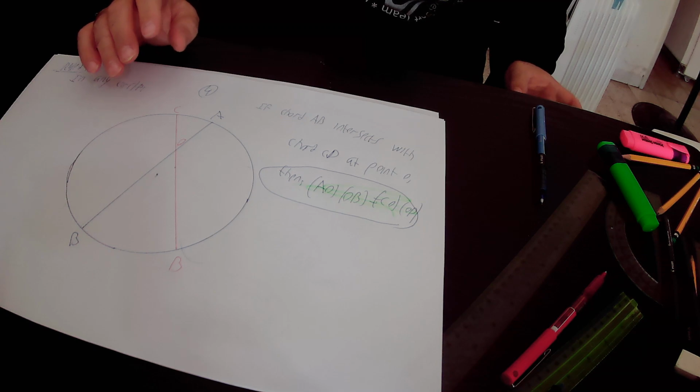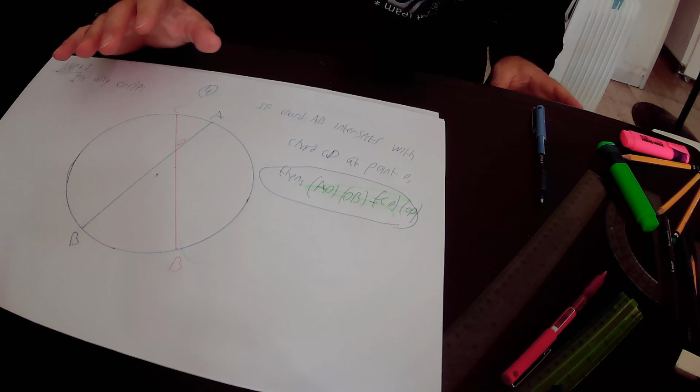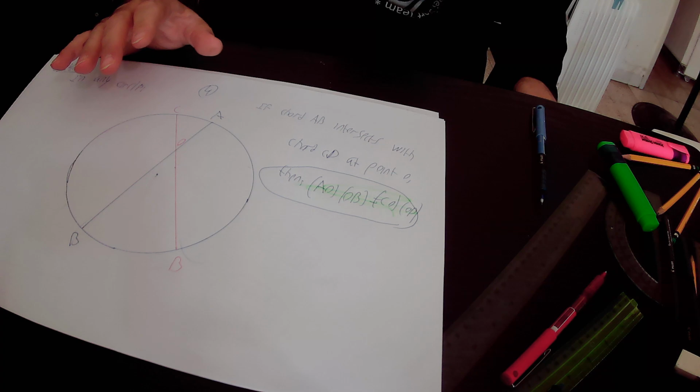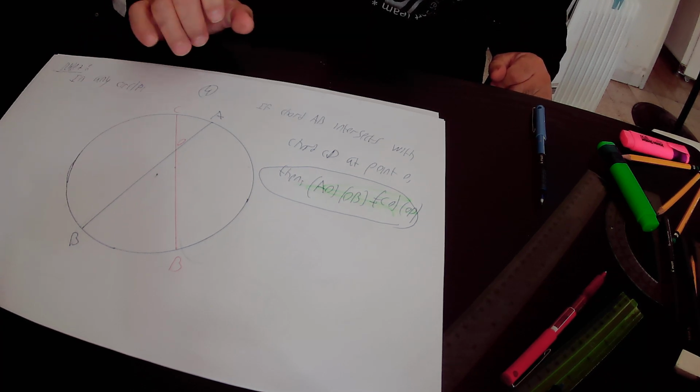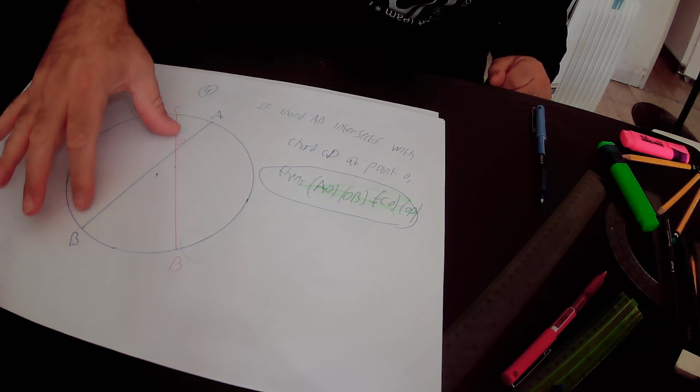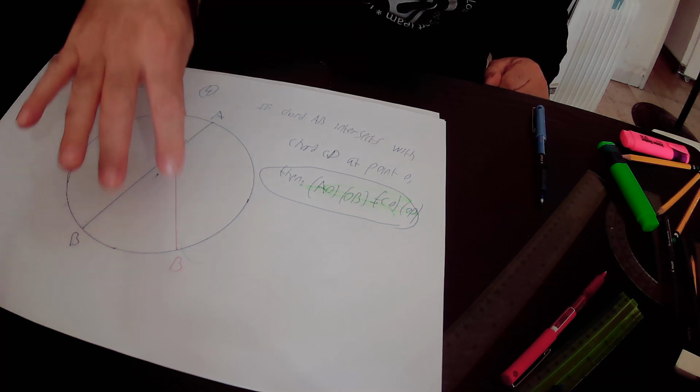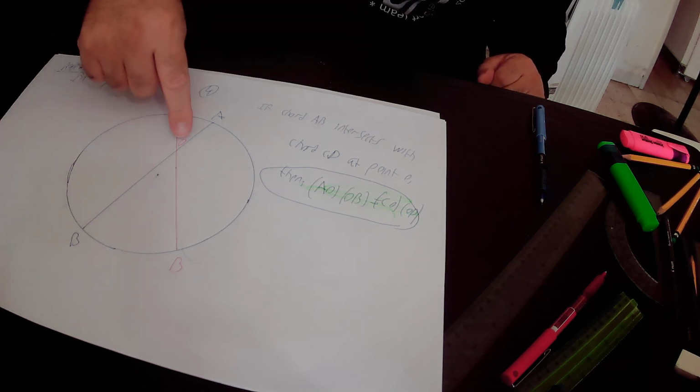If in a circle two chords intersect with each other internally, like in this drawing, then the following equation is true: AO times OB equals CO times OD.